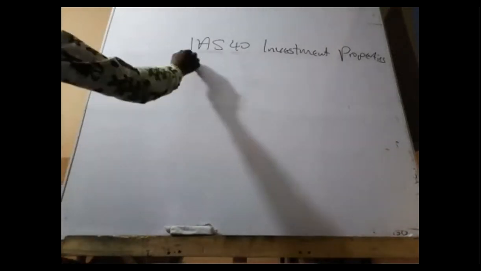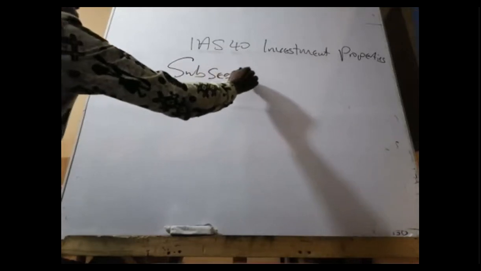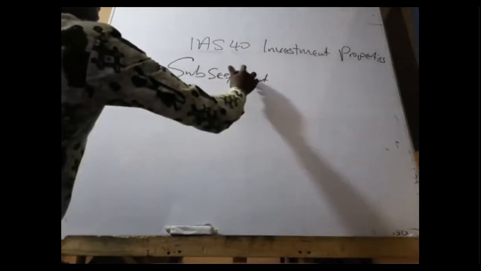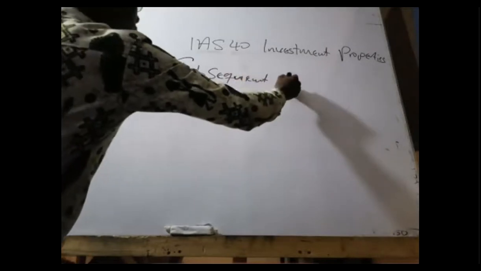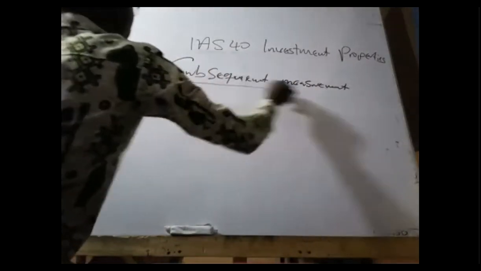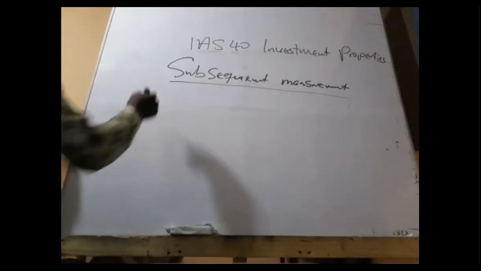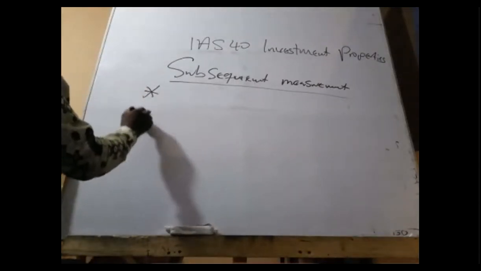Subsequent measurement. Now, subsequent measurement means measurement after the initial recognition. The entities should select between what? 2 models. 2 models, what are they?